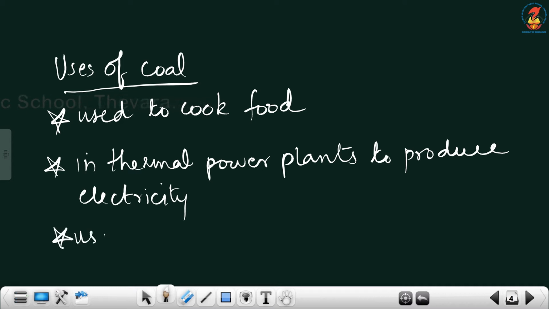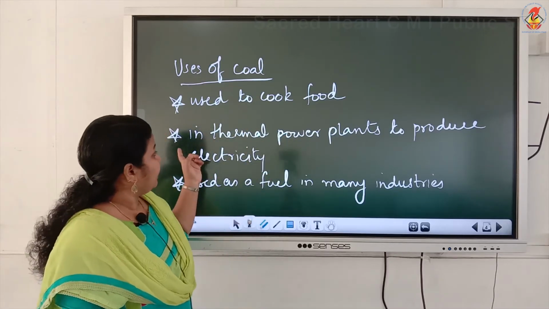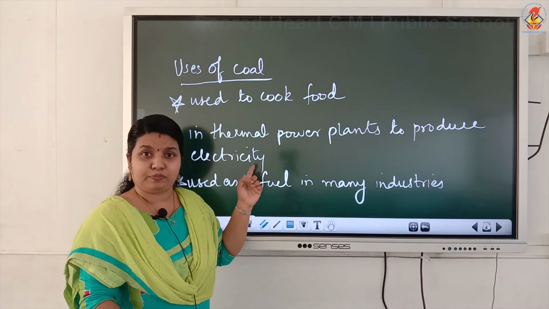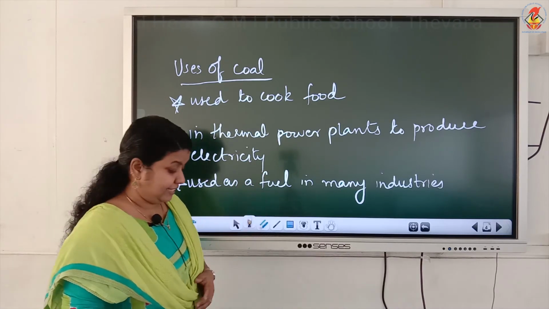Then it is used as a fuel in many industries. So these are the three uses of coal. It is one of the fuels used to cook food. It is used in thermal power plants to produce electricity. It is used as a fuel in many industries.